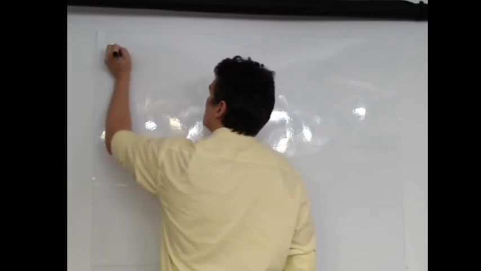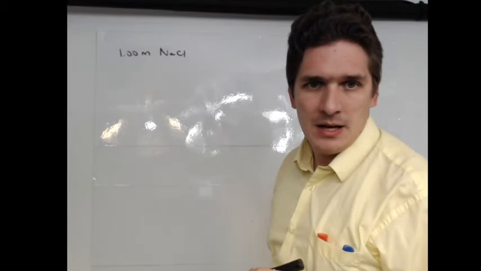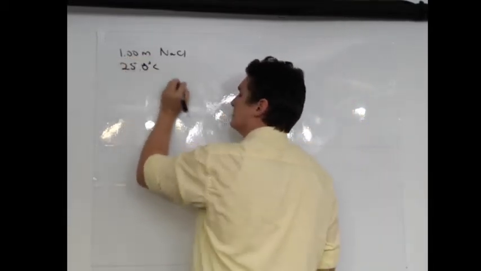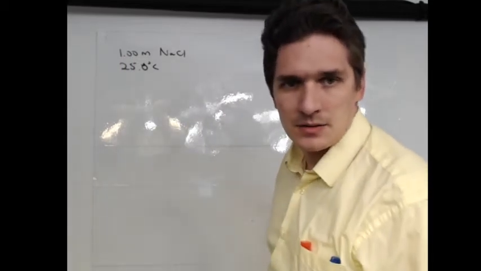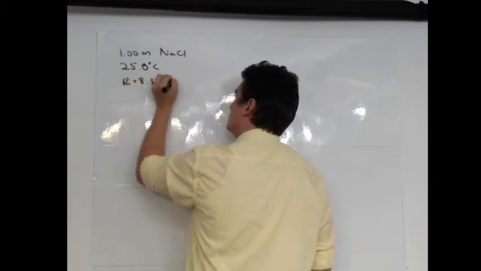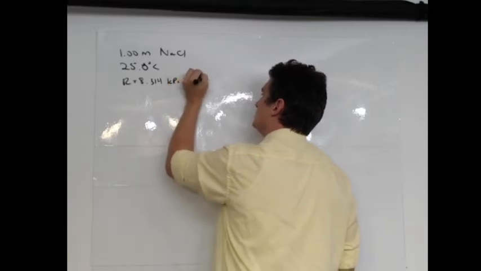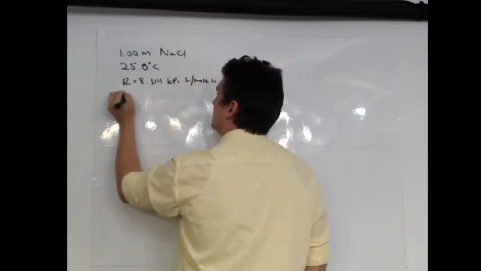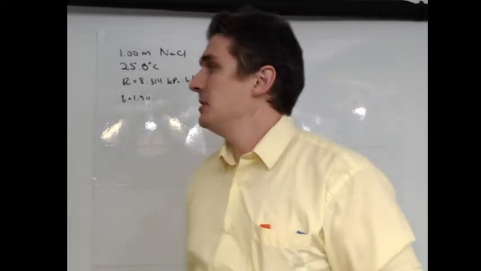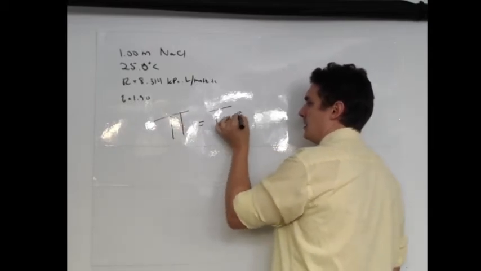So we have a 1.00 molar NaCl solution, and we're at 25 degrees C, and R here is 8.314 kPa liters per mole Kelvin, and i here is 1.90. So define the osmotic pressure. Pi equals i M R T.